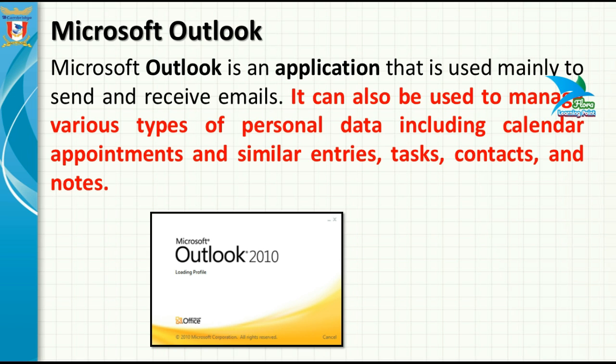So you will be able to read all the email messages even when you are not connected to the internet. That is basically the purpose of using Microsoft Outlook. And except for sending and receiving email messages, you will also be able to manage calendar events like appointments, etc.